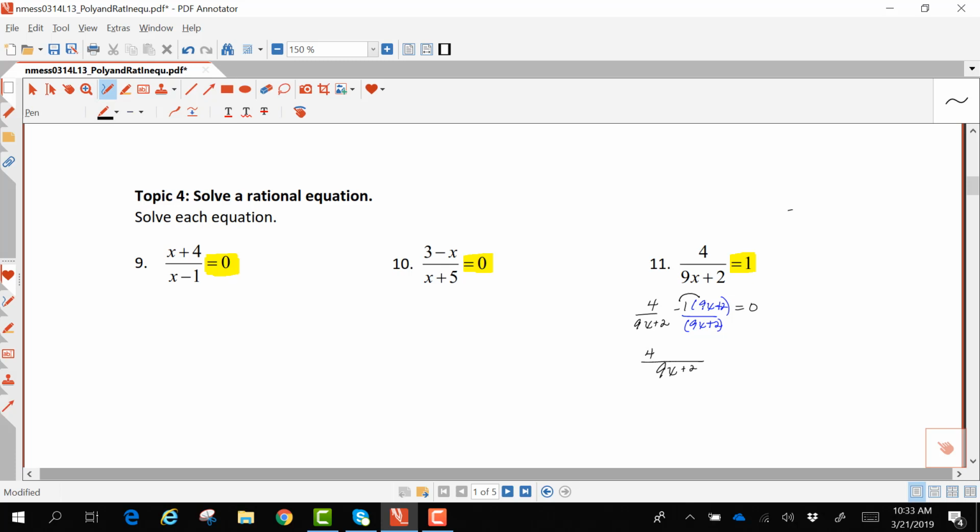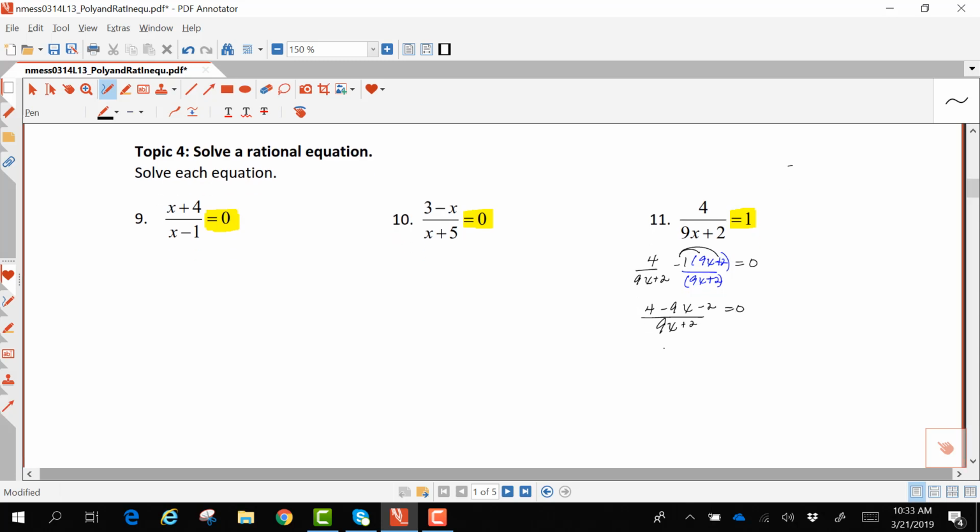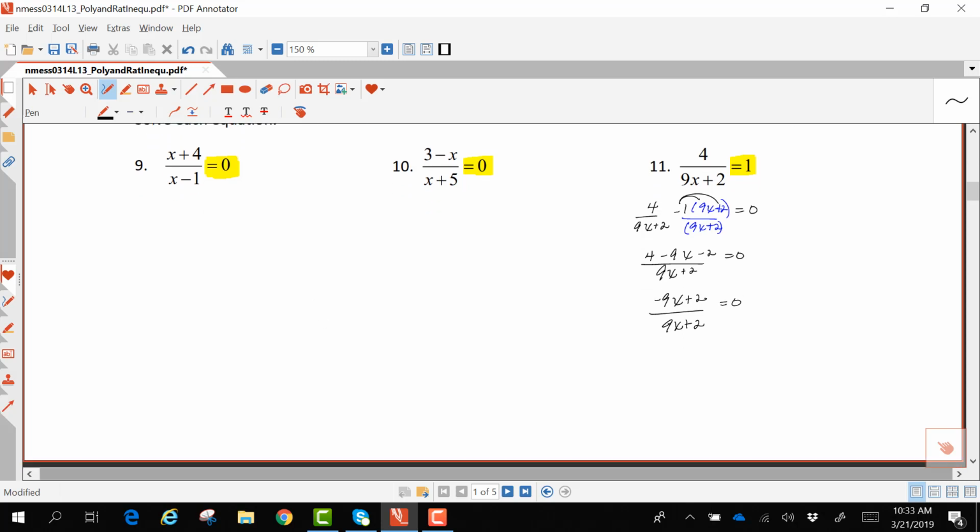Now I can add my numerators, which would be 4 and, distributing the negative 1, minus 9x minus 2. Simplifying the numerator, I get one fraction, or one rational, equal to 0. To solve this, some students just set the numerator equal to 0, which is fine.